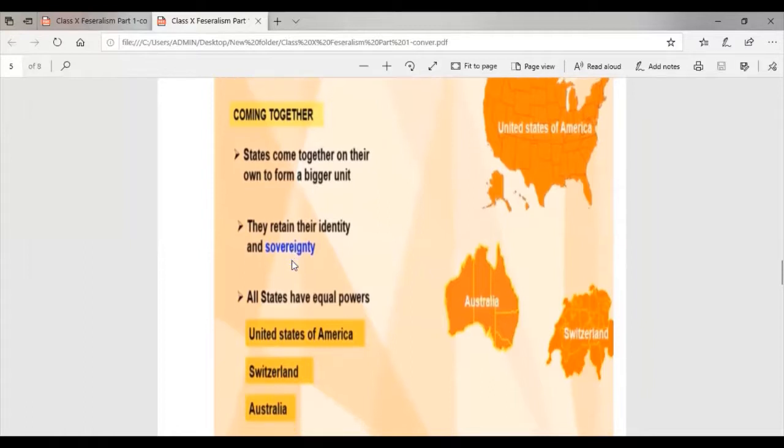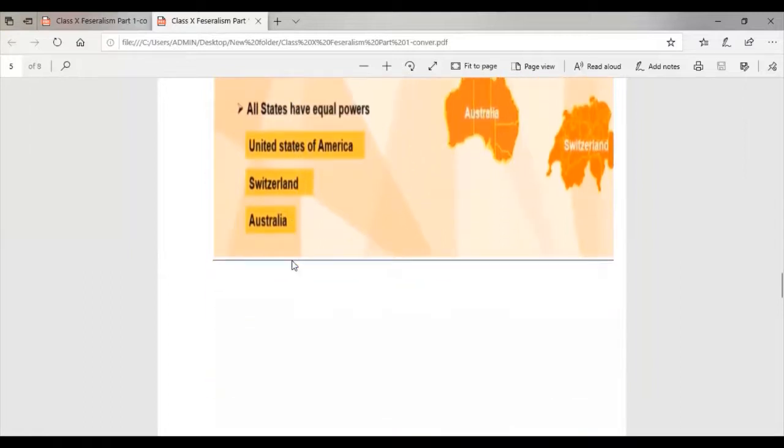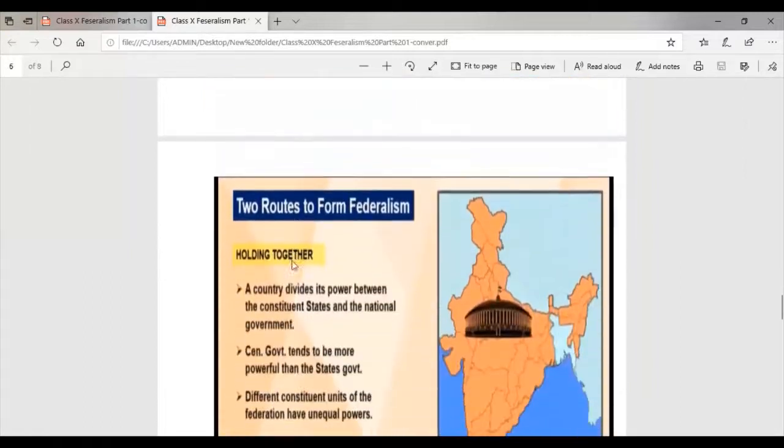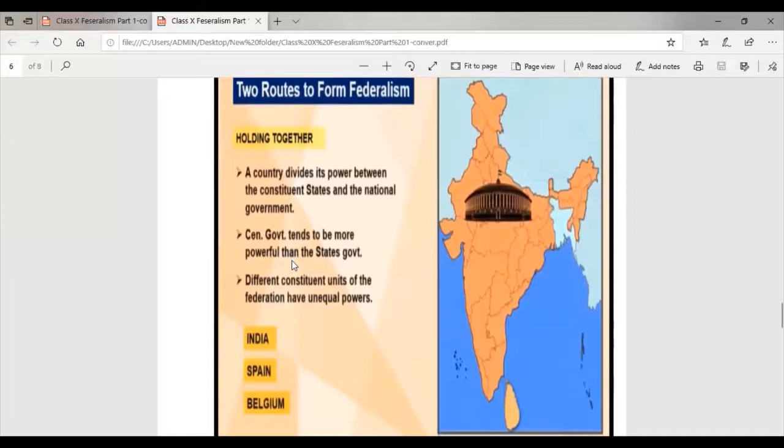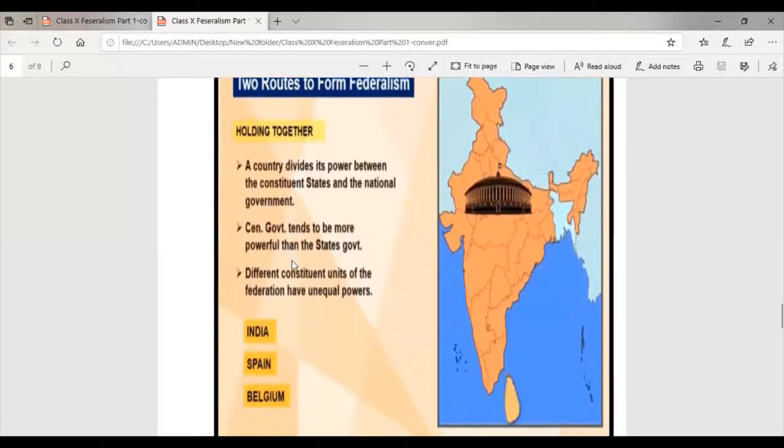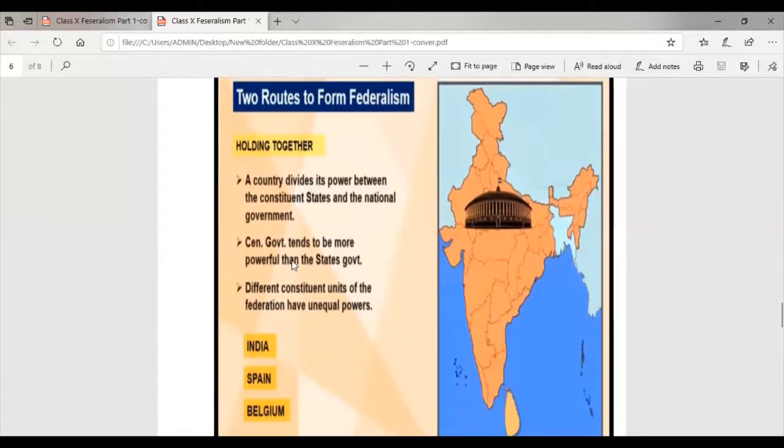The next slide is explaining holding together federalism. In this type of federalism, the country divides its power between the constituent states and the national government, meaning the central government. As I said, that is the meaning of the term federalism.